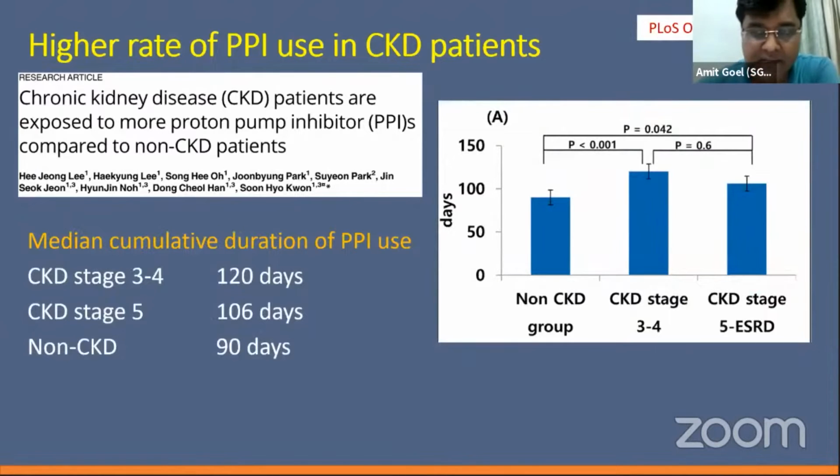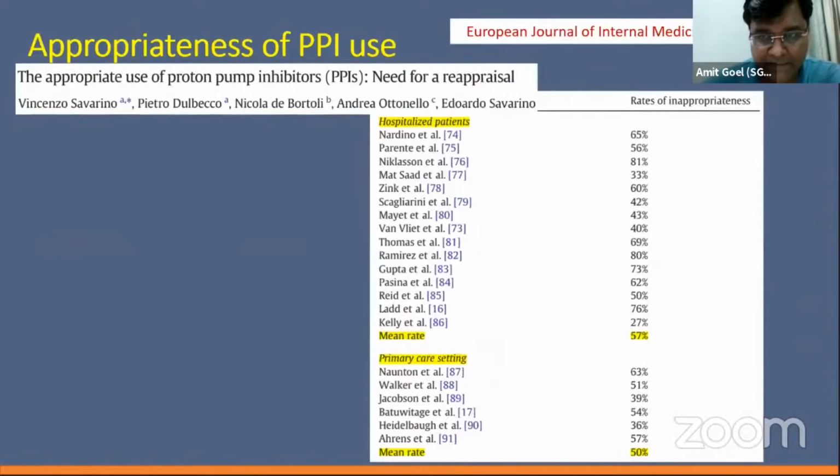The same study has also given information about the duration of PPI prescription, and those with CKD were given a relatively longer duration of PPI as compared to non-CKD patients. So with these two data, it suggests that PPI prescription is likely to be higher in patients with kidney disease and for longer duration.